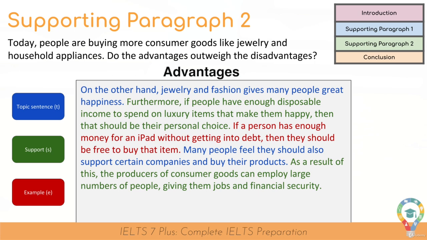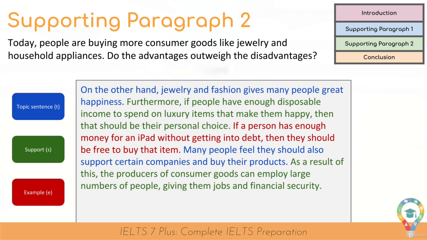Many people feel they should also support certain companies and buy their products. As a result of this, the producers of consumer goods can employ large numbers of people, giving them jobs and financial security.